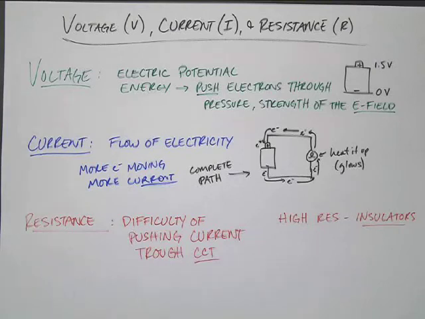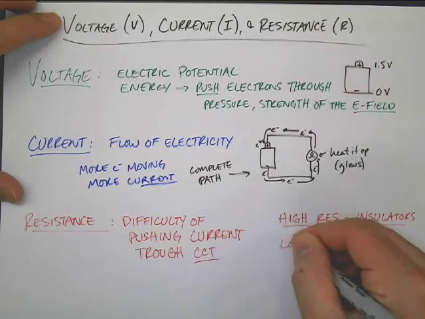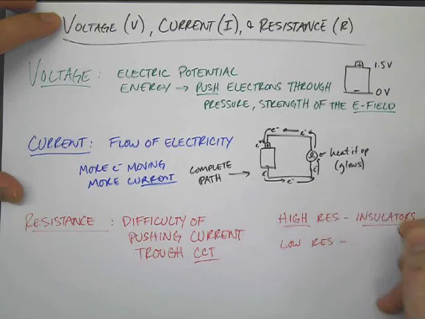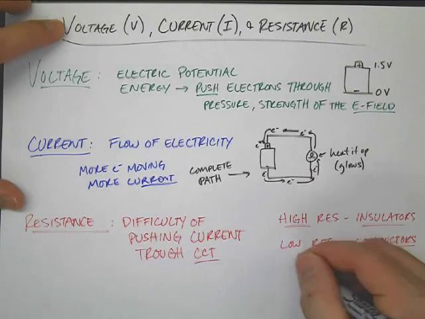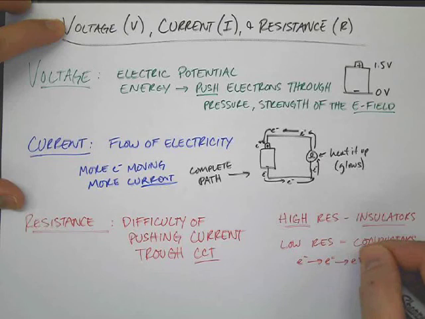I'm not gonna be able to free any electrons up to push the other electrons through that material. So they would have a really high resistance. A low resistance would be things that are conductors. They have lots of free electrons, right? And those electrons can push on other electrons and generate higher currents.